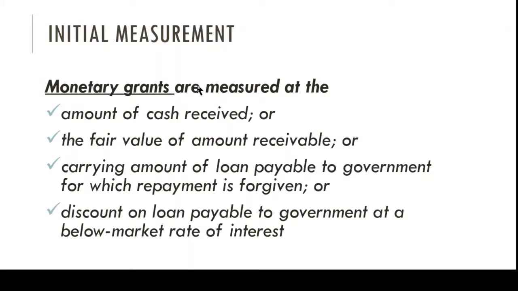Then, for the initial measurement, the grants are measured if these are monetary. If these are monetary grants, these are measured at the amount of the cash received or the fair value of amount receivable, or it could also be carrying amount of the loan payable to the government for which repayment is forgiven, or it could be at a discount on loan payable to government at a below market rate of interest.